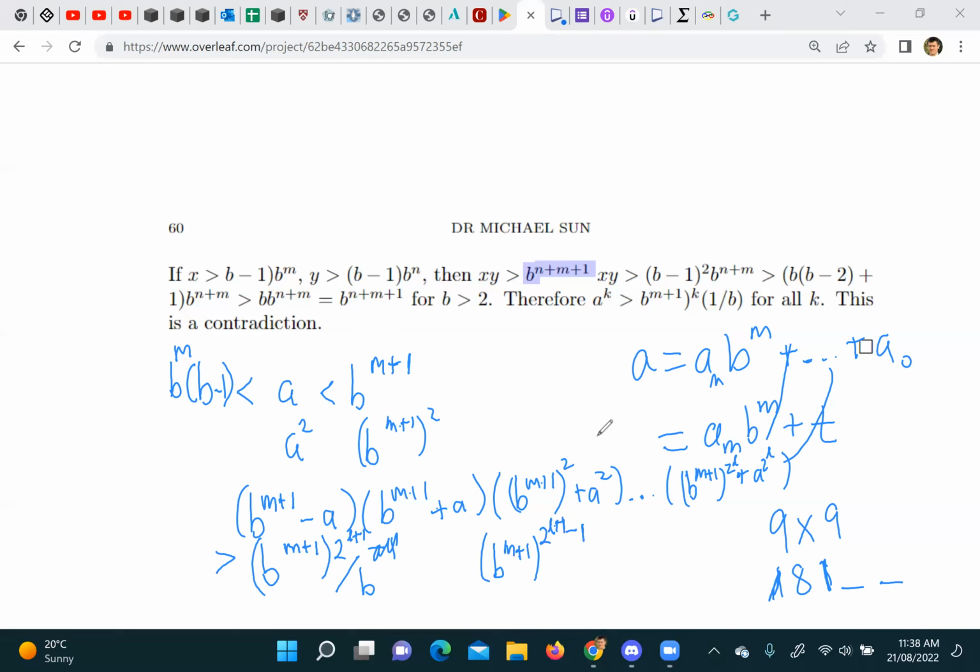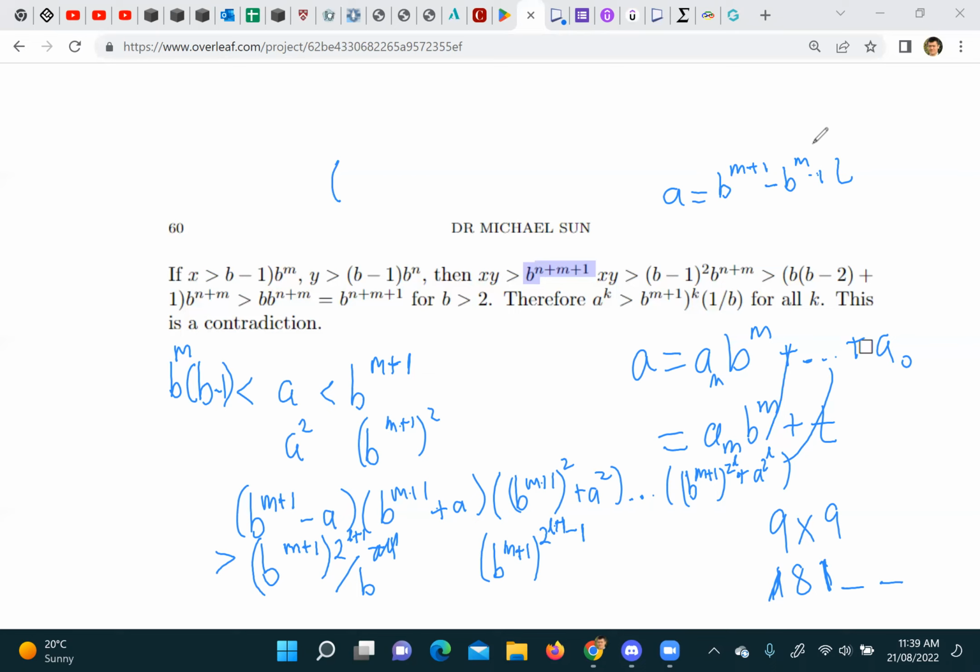If you factorize the b to the m plus 1 out of each factor, you get 1. You can think of a as bigger than b to the m, so a is equal to b to the m plus 1 minus b to the m plus something.